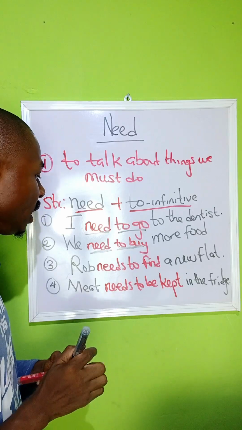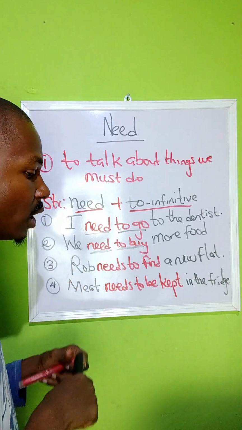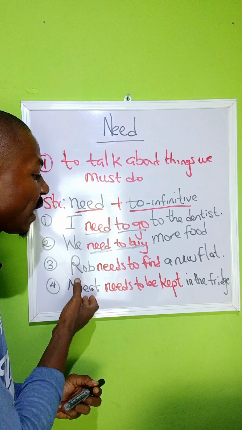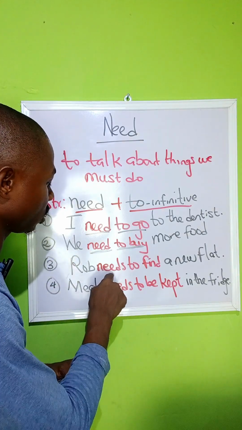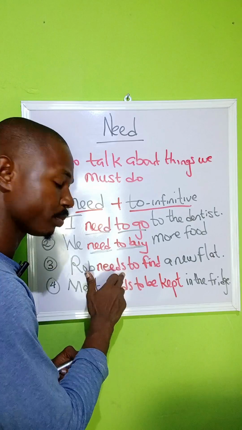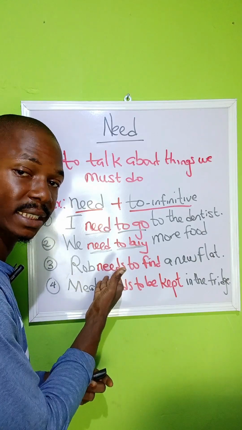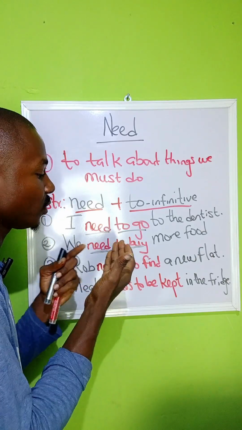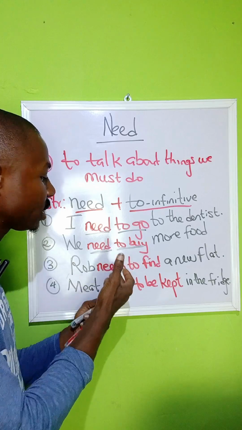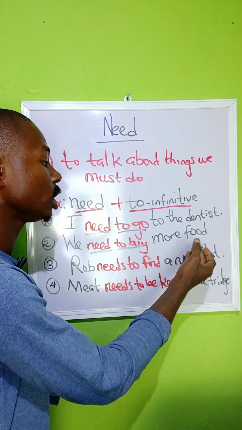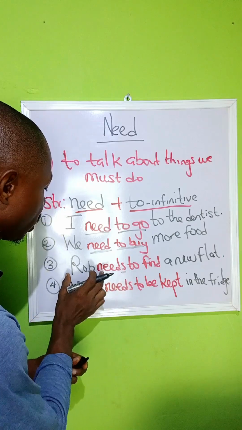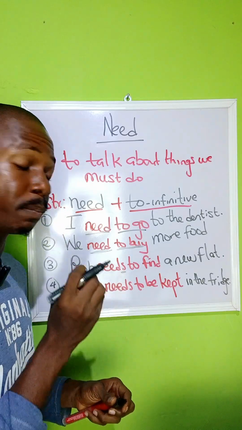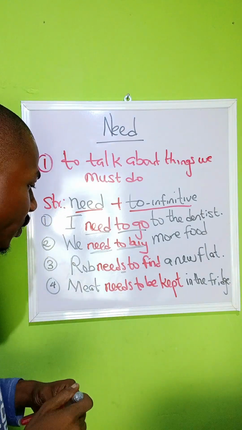And number three is when we are talking about the third person singular. When we have the third person singular, we add s, so we have needs. Rob needs to find a new flat. We have to add the s here because we are using the third person singular.